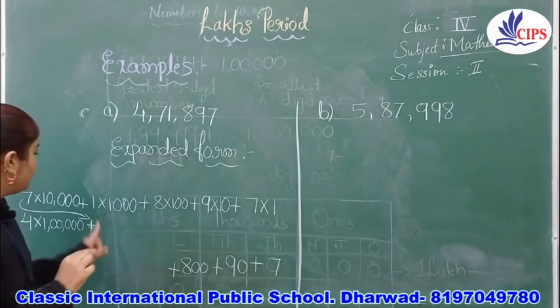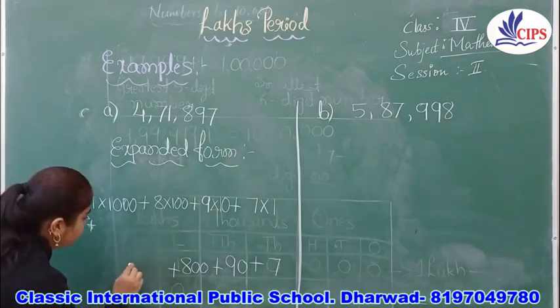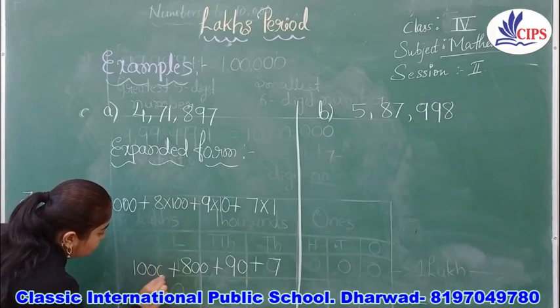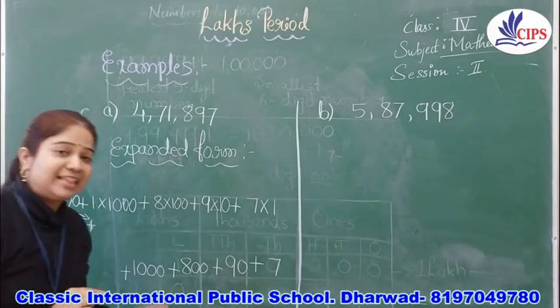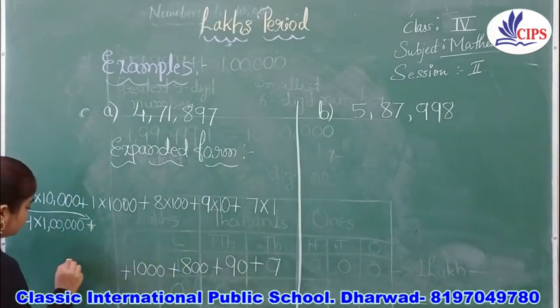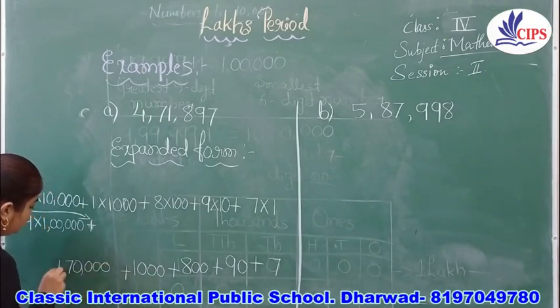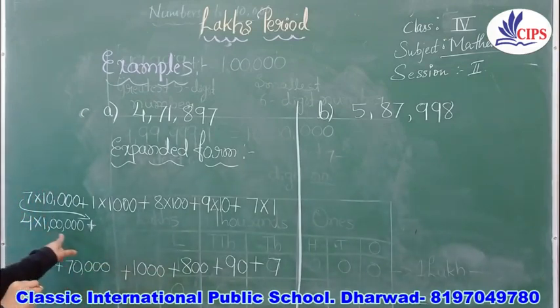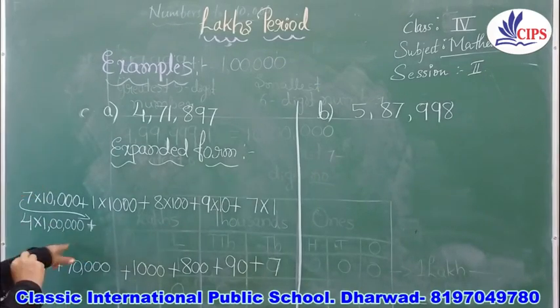Plus 1 into 1000. 1000. Plus 7 into 10,000, 70,000. Plus 4 into 1 lakh. What is it? 4 lakh, right?